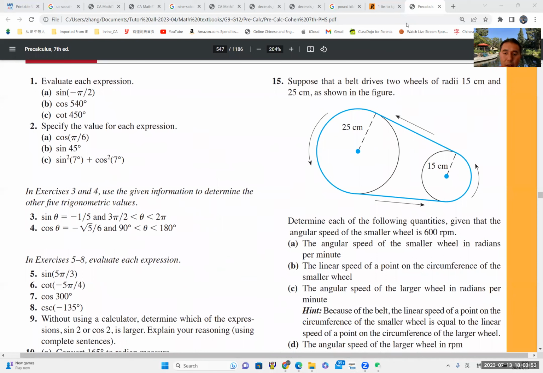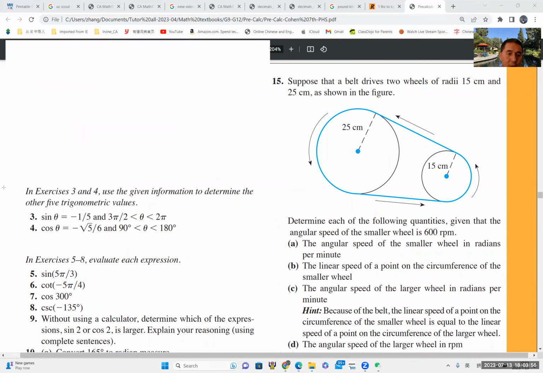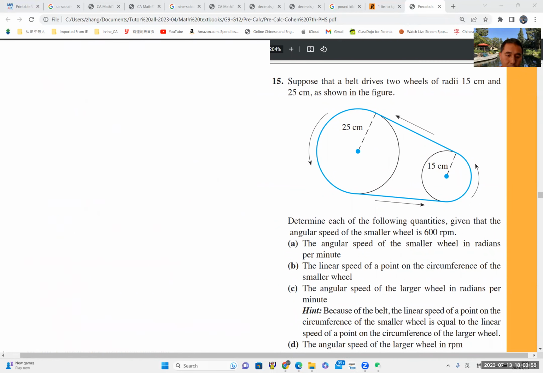We can make a whiteboard this side. Suppose that a belt drives two wheels of radius 15 and 25 centimeters as shown in the figure.